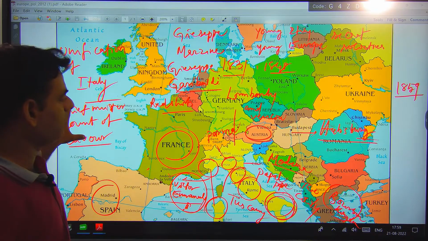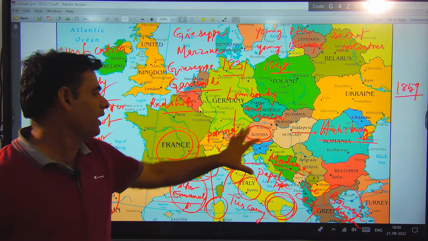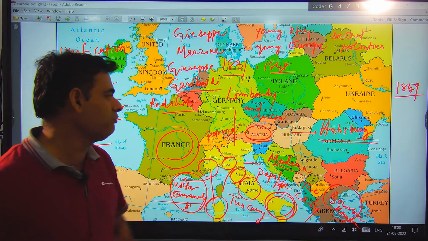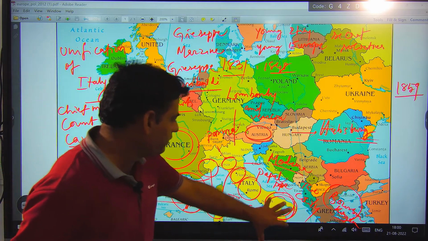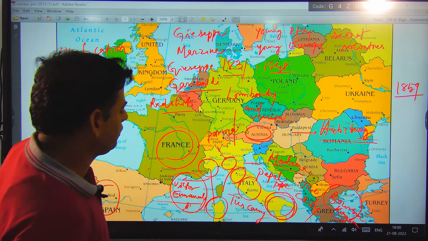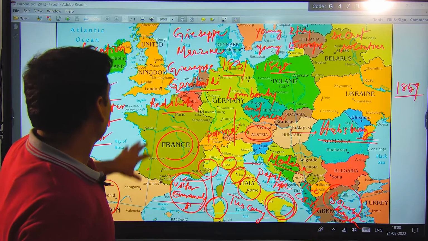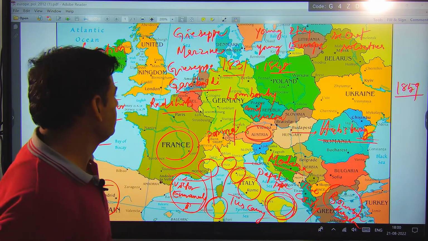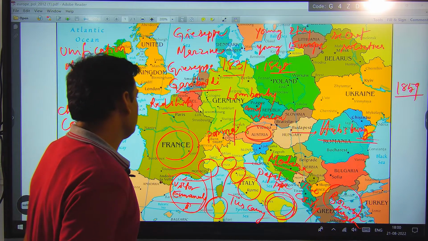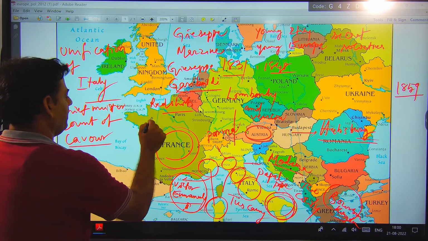Now, Count Cavour, with the help of France, defeated the Habsburg Empire in 1859. Now, as far as these two kingdoms of Sicily are concerned, Giuseppe Garibaldi is very important. He started the Red Shirts, and also he got the support of peasants.